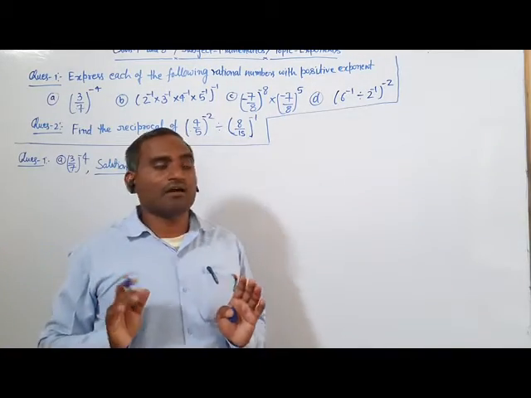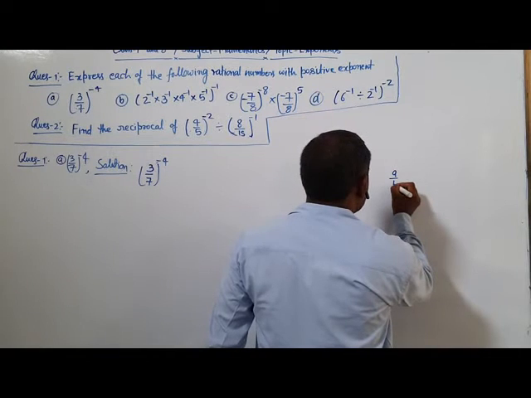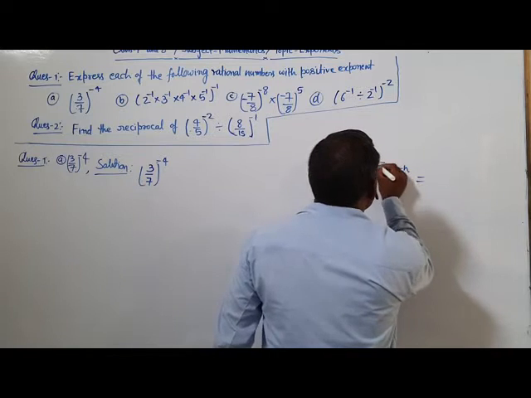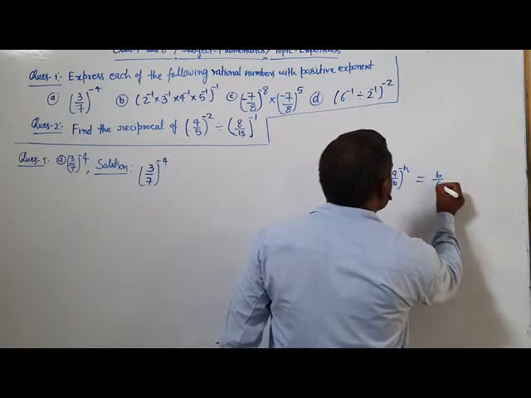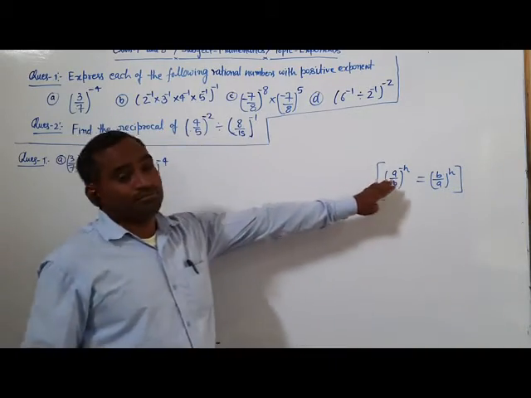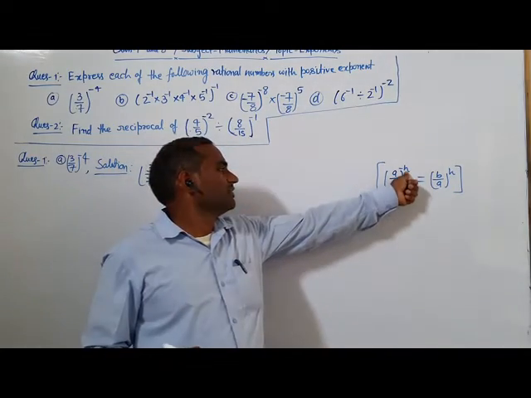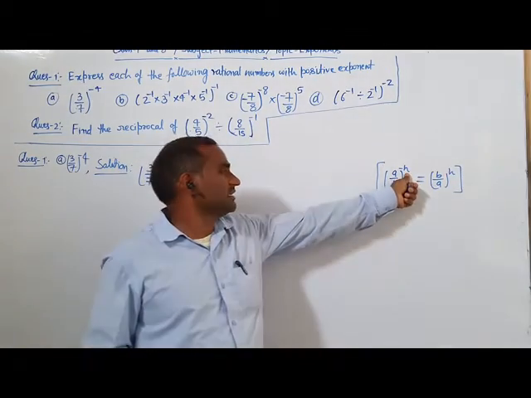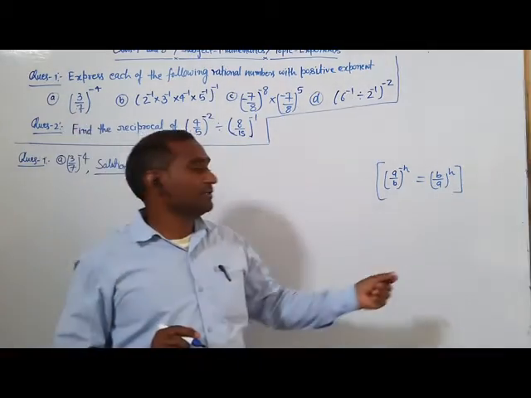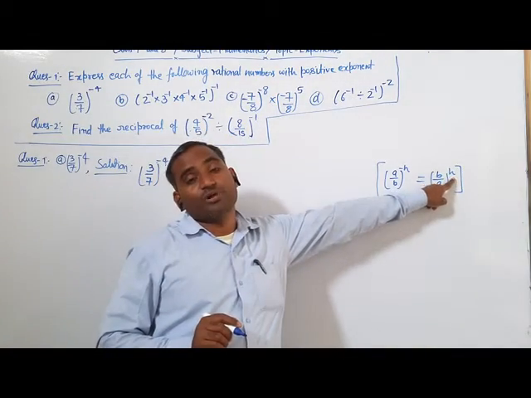We know the law of exponents that (a/b)^-n equals (b/a)^n. If any rational number has a negative power, then you have to change the denominator into numerator and numerator into denominator, and the power will convert into positive.